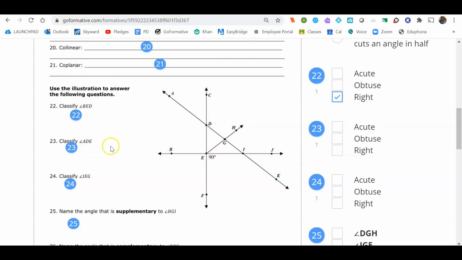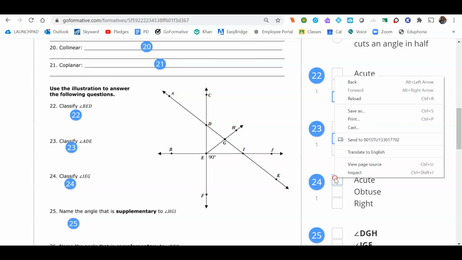Okay, ADE. So look at A to D to E. Now this angle looks greater than 90. Obtuse is what you call that. So 23, obtuse. 24, IEG. From I to E to G. Now this angle looks smaller than 90, smaller than a right angle. So it's a cute little angle. Acute.